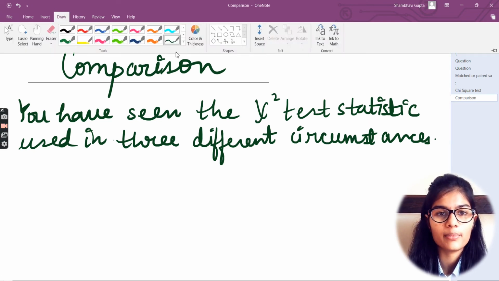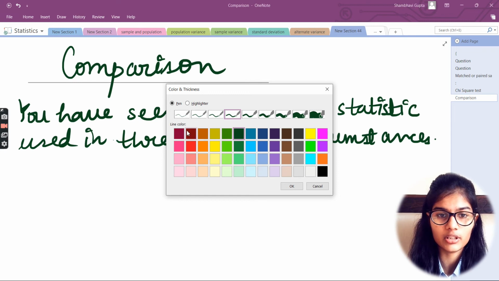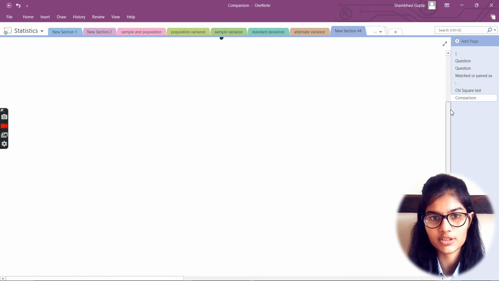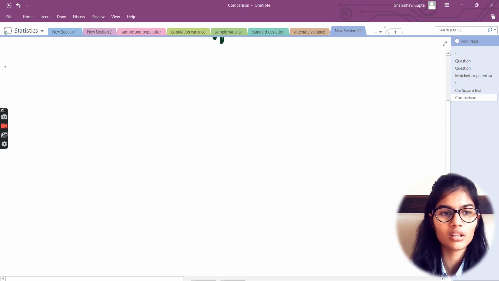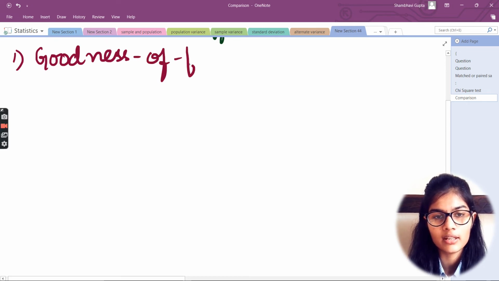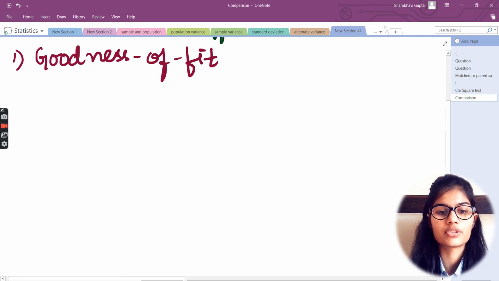For writing and comparing all of these, let me take a new color so that the things differentiate a little between each other. Let me also make some space. So here we go, I have goodness of fit.